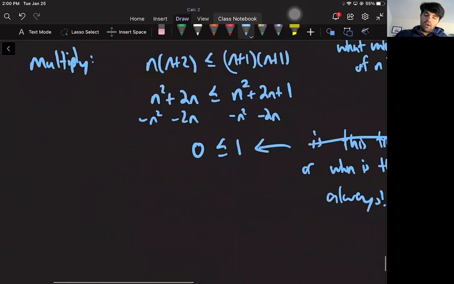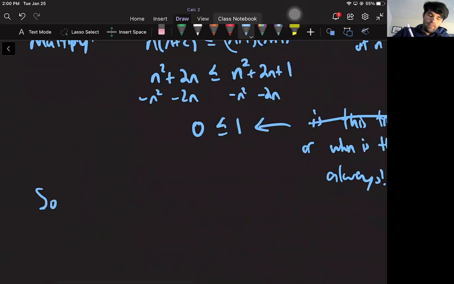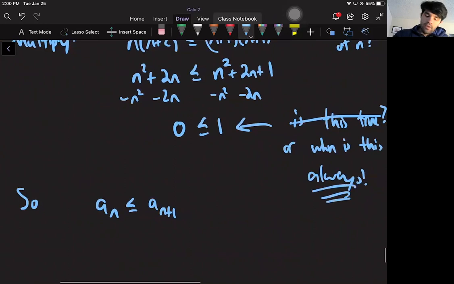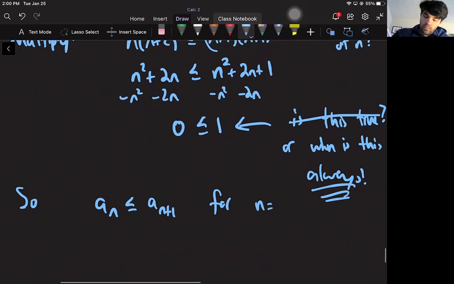And so now we can say that this guy is definitely less than this guy always, but always meaning for which values of N? Well, the first value right away is true because it's always true.